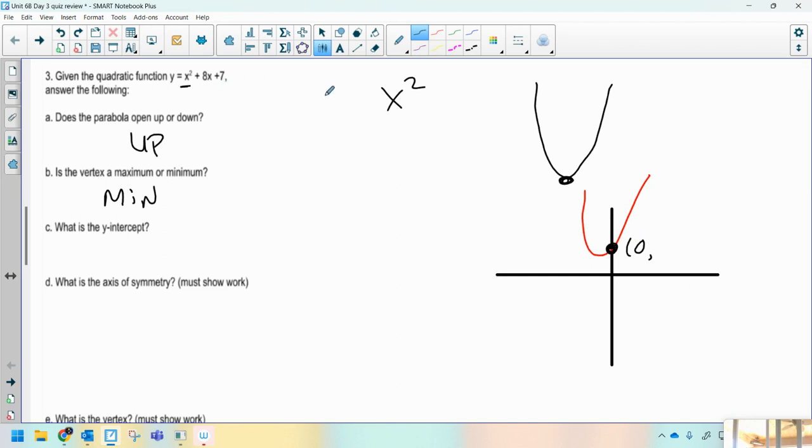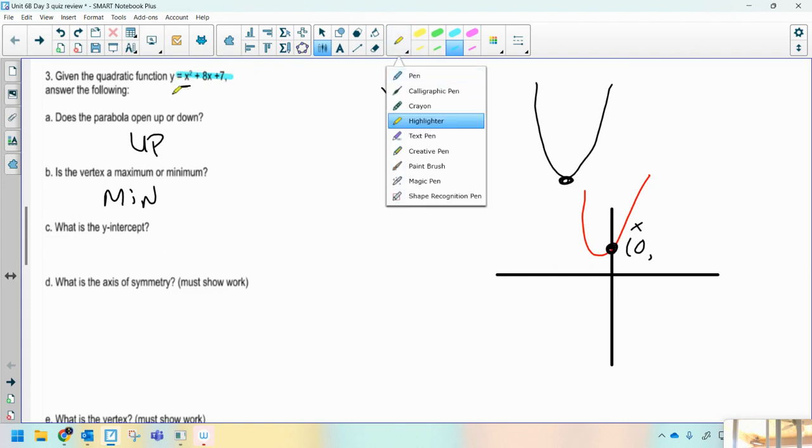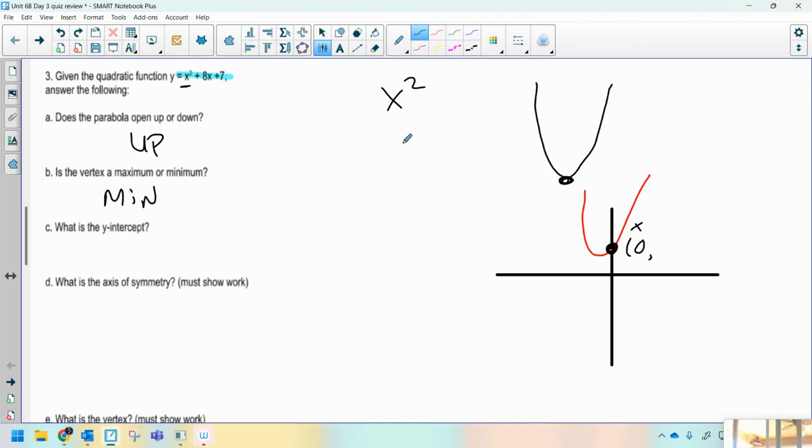If the x is 0, that means if I plugged 0 into this equation, my answer would be whatever the c value is. Now remember, let me write what a is. A equals 1 here because there's no number in front of the x squared, so we can write 1. B equals a positive 8, and c equals 7.